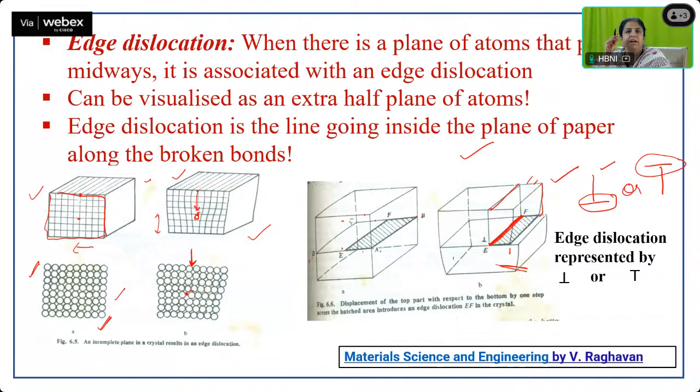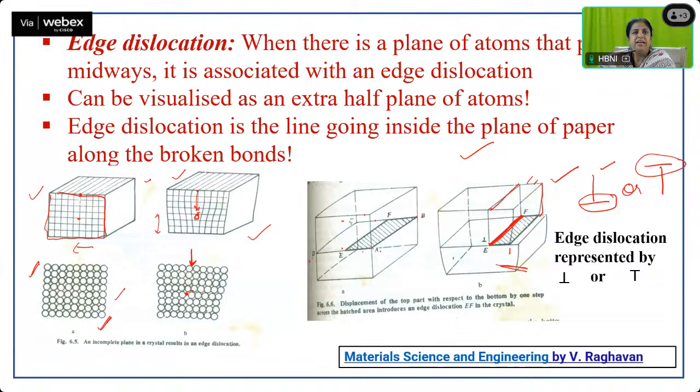All right. I'll try to summarize this. So edge dislocation happens when there is a plane of atoms that parts midways. Because it parts midways, the line at which it parts does not have a counterpart in the bottom part of the crystal.